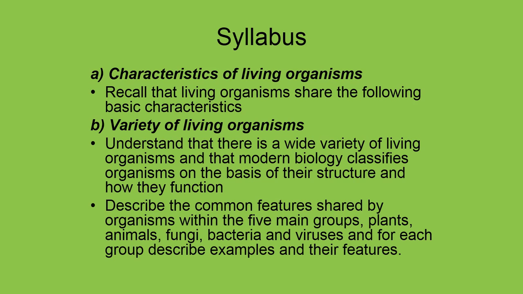Next, we will describe the common features shared by the organisms within the 5 main groups: plants, animals, fungi, bacteria and viruses. And of course we will study each group with the help of examples and their features. So let's move on.